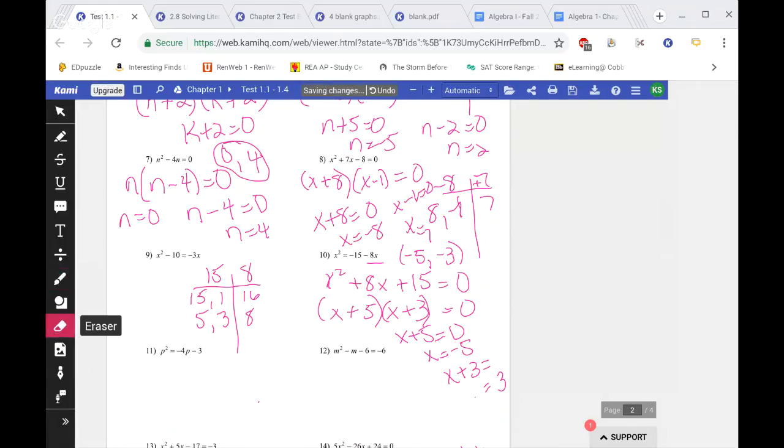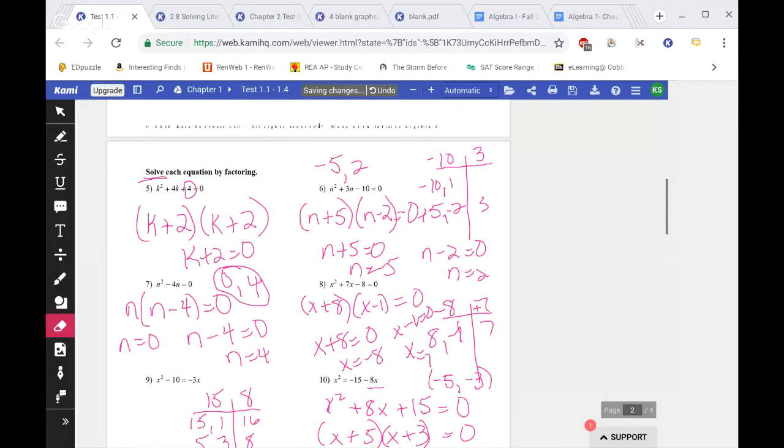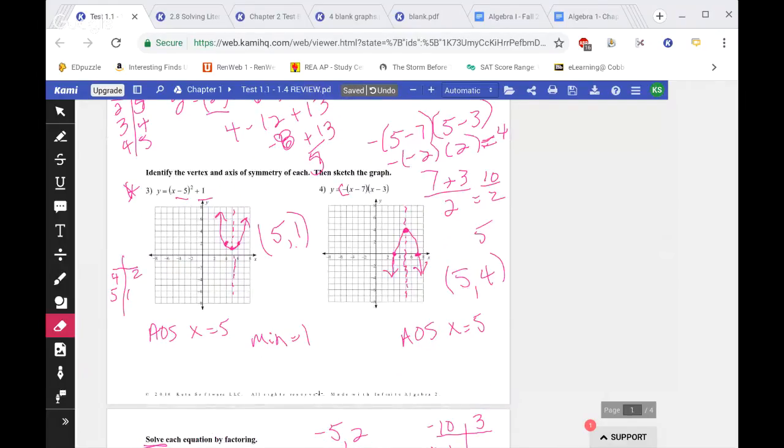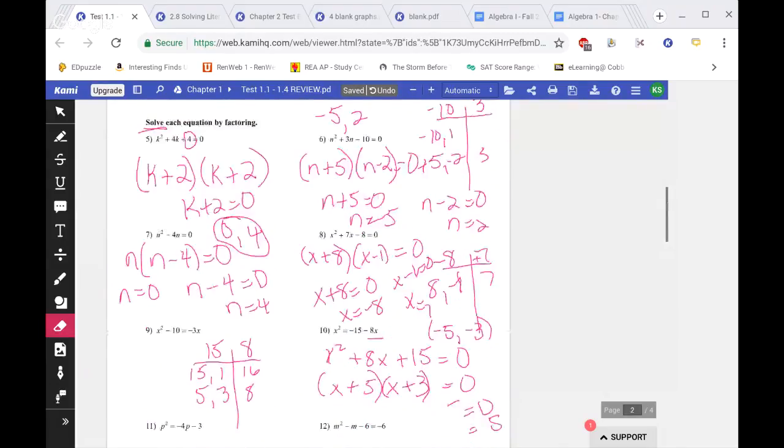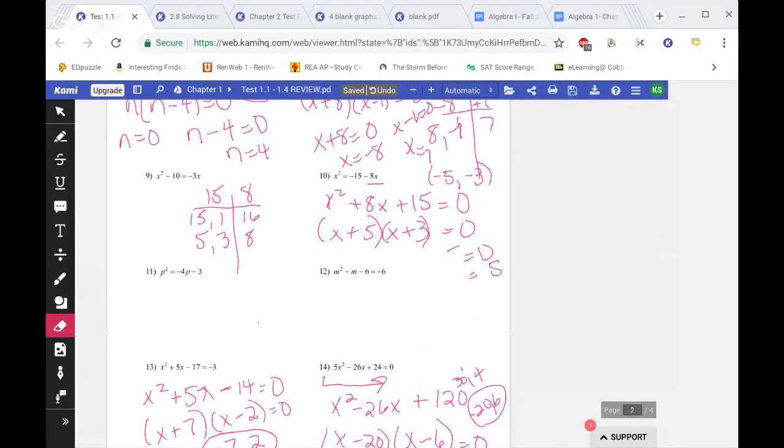So when we have a set, what is that getting for us? Is that like if you're putting this on a graph? Yeah, those are the x-intercepts. Okay, that's what I thought. Just like when we were doing number 4, that's what you're getting: where that parabola will cross the x-axis.